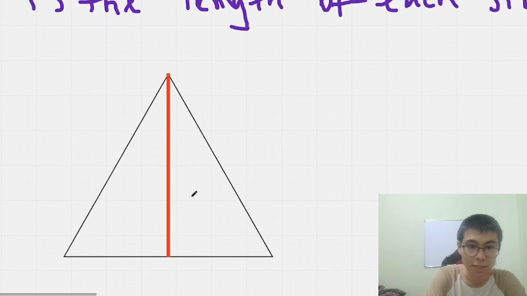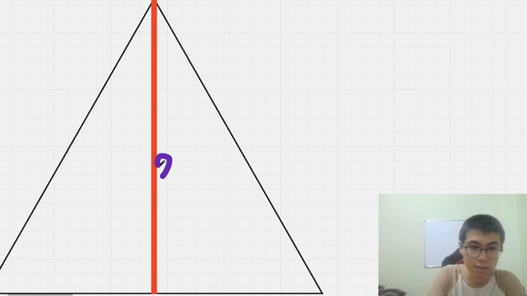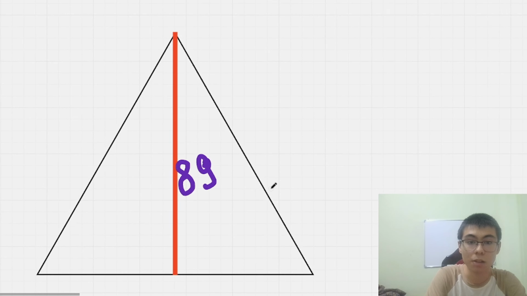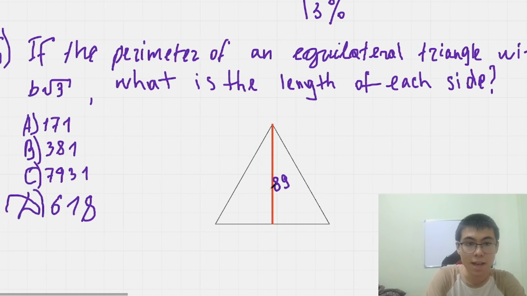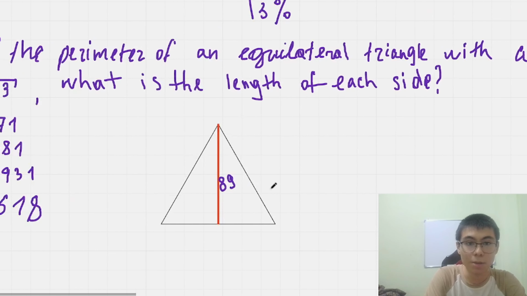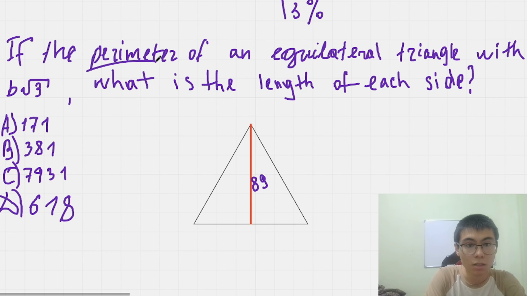Let me write that. So its height is 89. And it's also telling us that the perimeter of this triangle is b times the square root of 3.